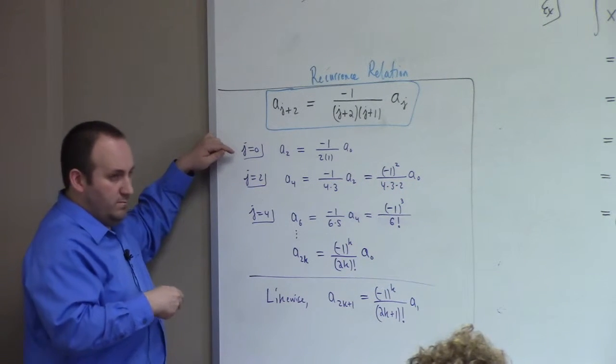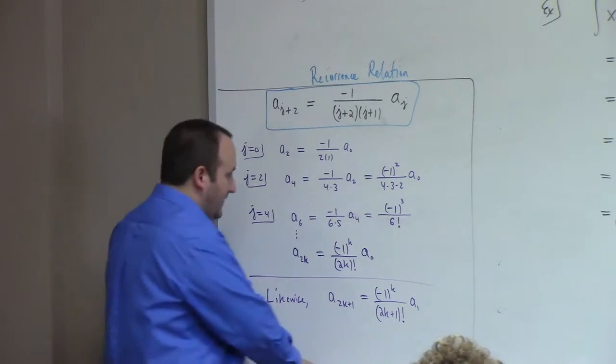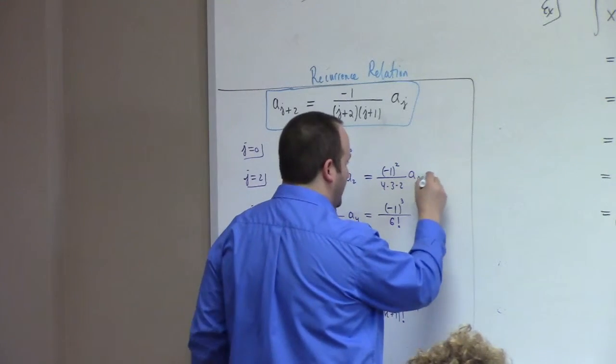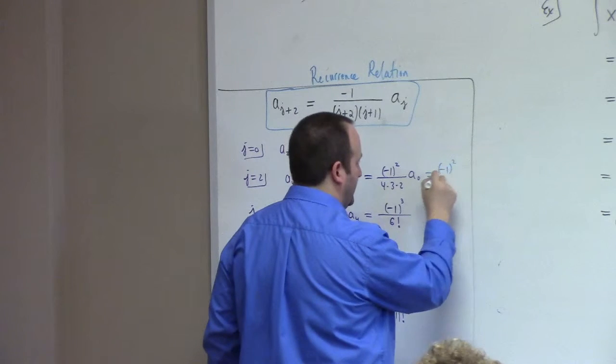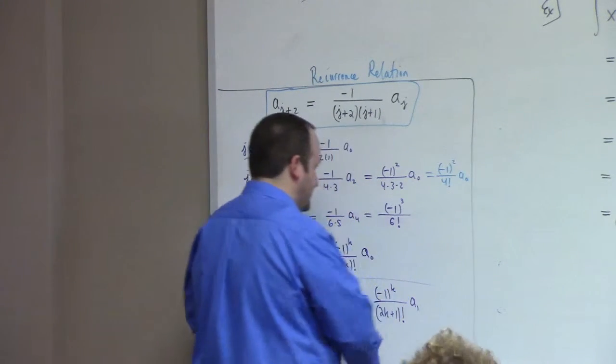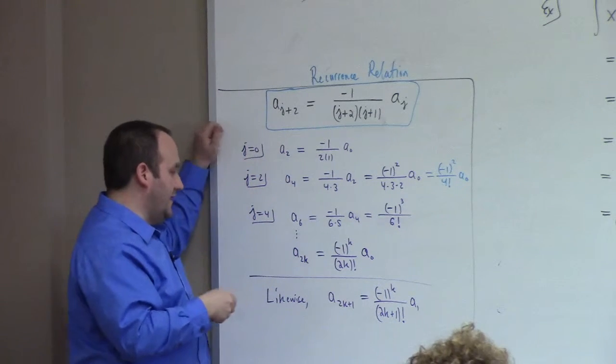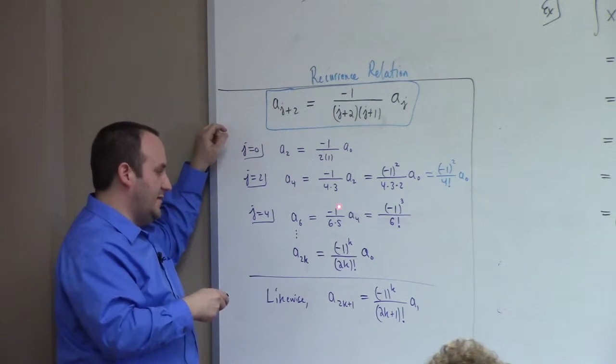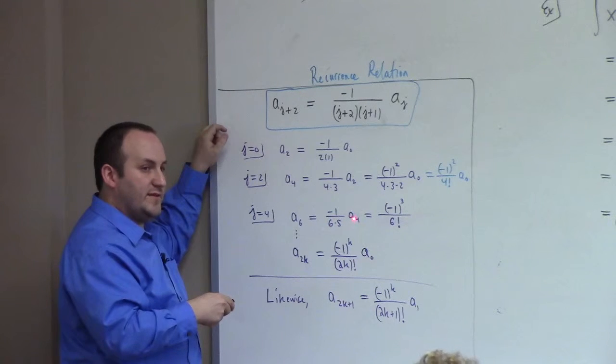Aha! 4 times 3 times 2. Well, this is minus 1 squared over 4 factorial a sub naught. And then, again, a sub 6 is minus 1 over 6 times 5 times a sub 4.